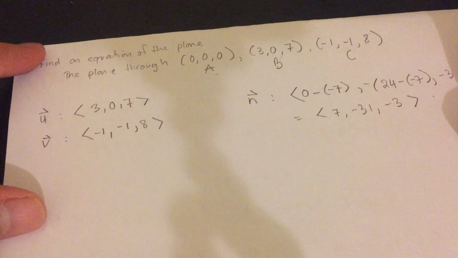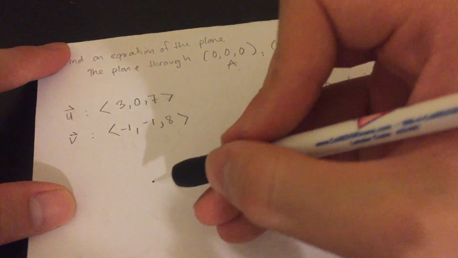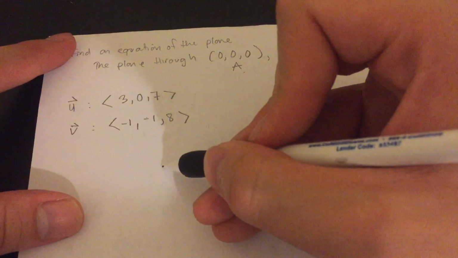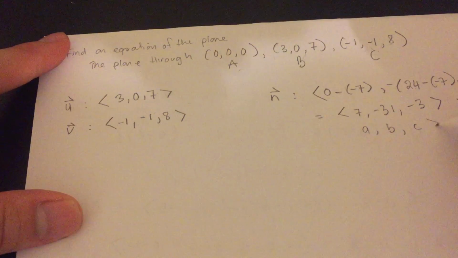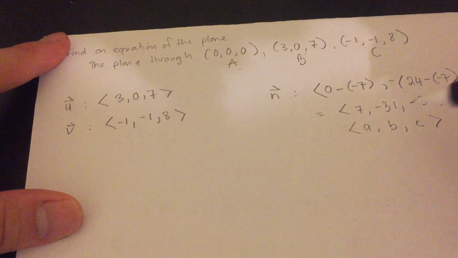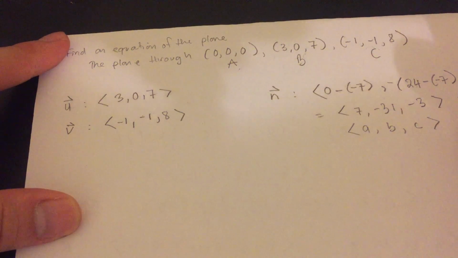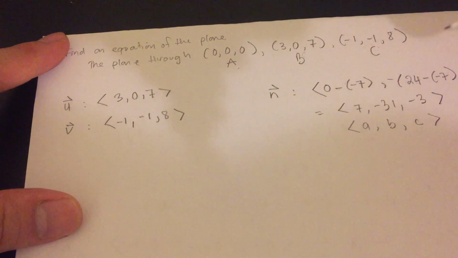You can plug that into the equation. So recall the equation: let's say A, B, and C is your normal vector, and then you can plug in any point.